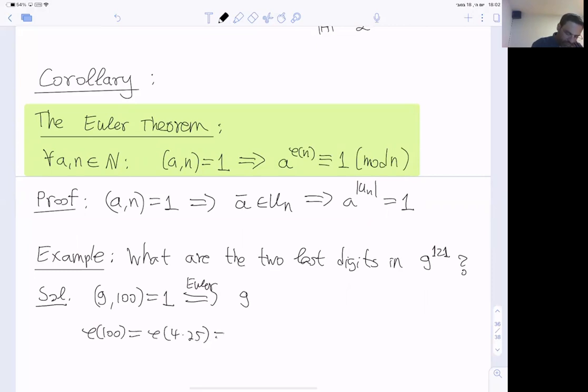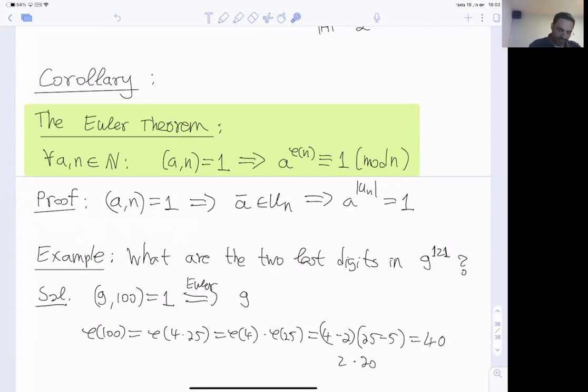These are coprime, so we can split them. So it's 2 times 20, it's 40. We have 40 elements in U_100. So 9 to the power of 40 is 1. This is Euler, you see?